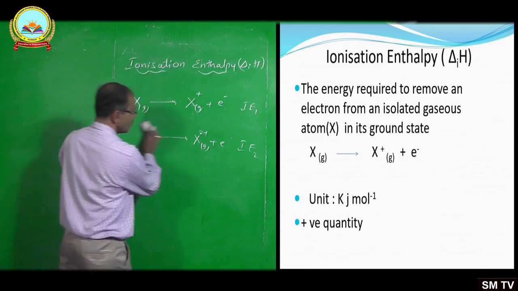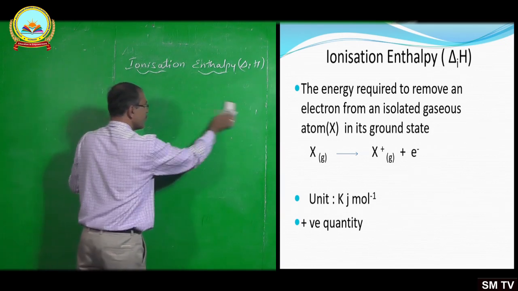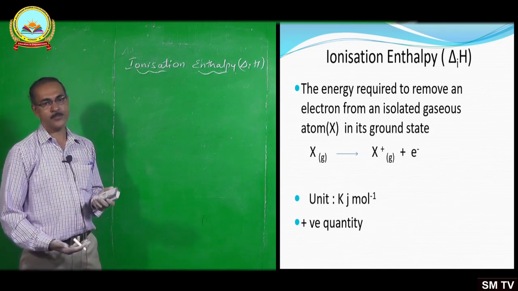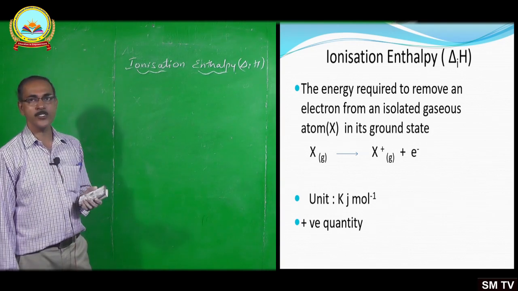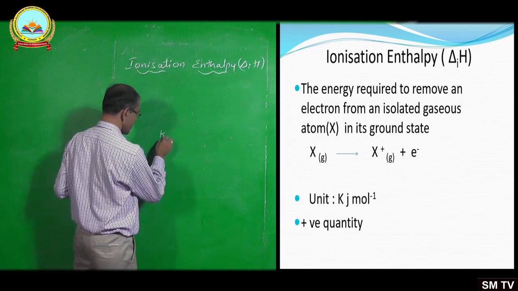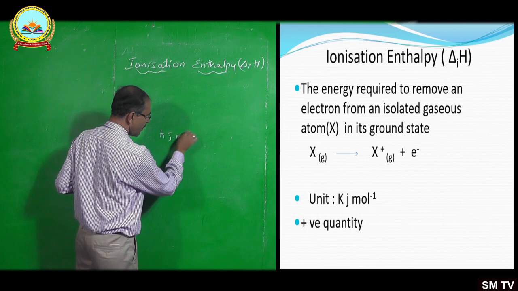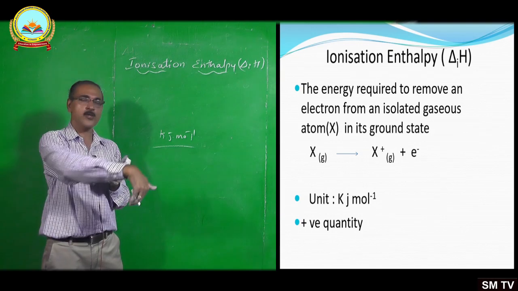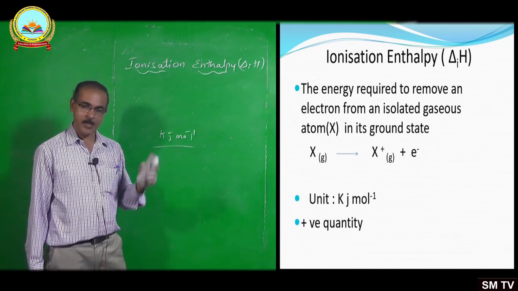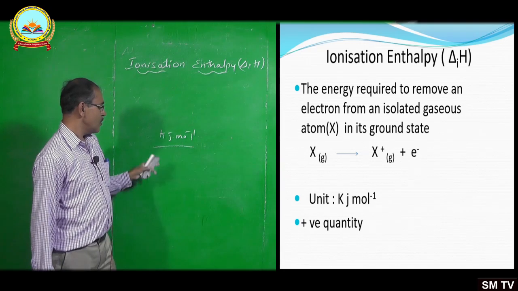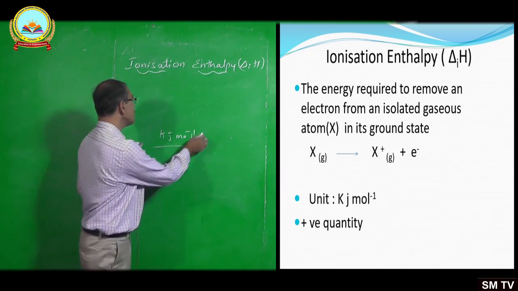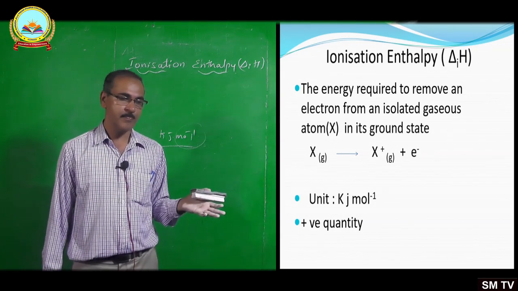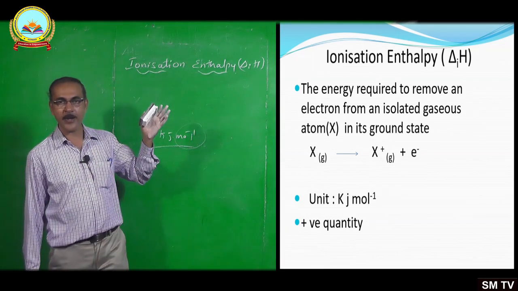Now, ionization enthalpy, I told you, is always a positive quantity. What is the unit for ionization enthalpy? It is expressed in kilojoules per mole. According to the definition, it is the energy required to remove an electron from an isolated gaseous neutral atom, right? But the unit is per mole. Mole means Avogadro number of particles, 6.022 into 10 raised to 23.